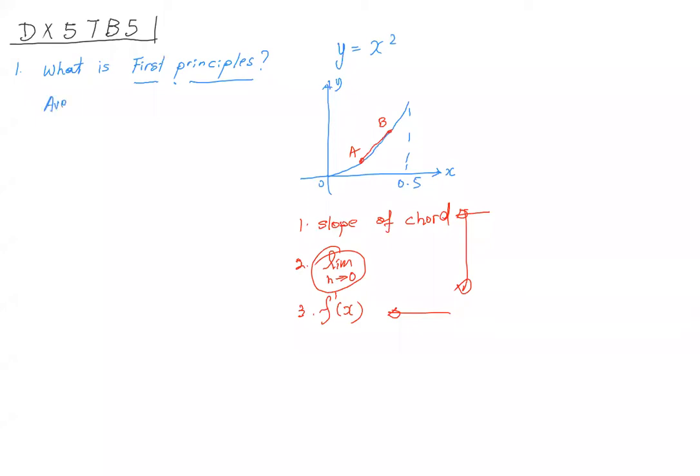Average rate of change, that is the slope of a chord. It depends on what chord you are talking about. Approaches instantaneous rate of change.